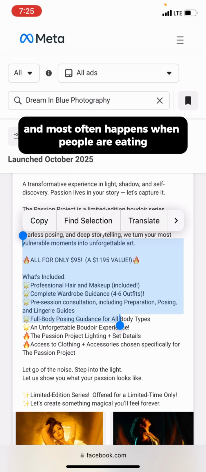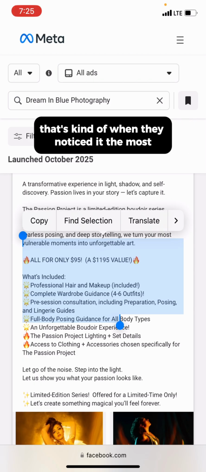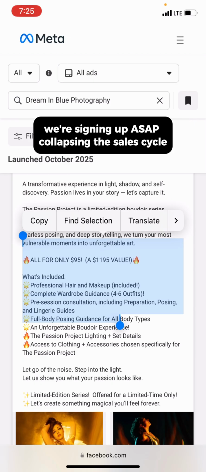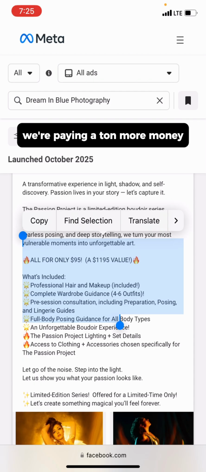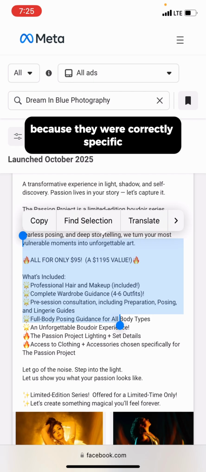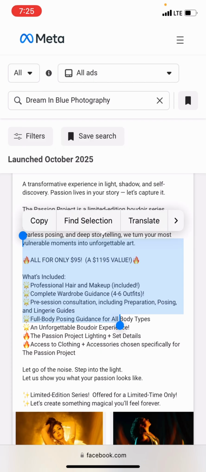Kind of most often happens when people are eating. That's kind of when they noticed it the most. Guess what? We're signing up ASAP, collapsing the sales cycle. We're paying a ton more money, a higher price, because they were correctly specific. So we want to get specific to stand out. We want to get correctly specific to be seen as a market of one.